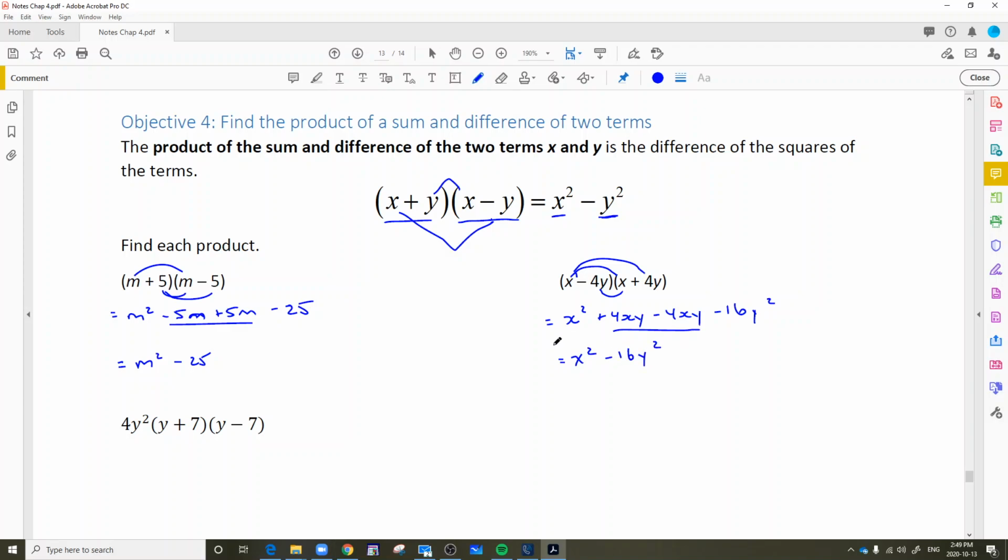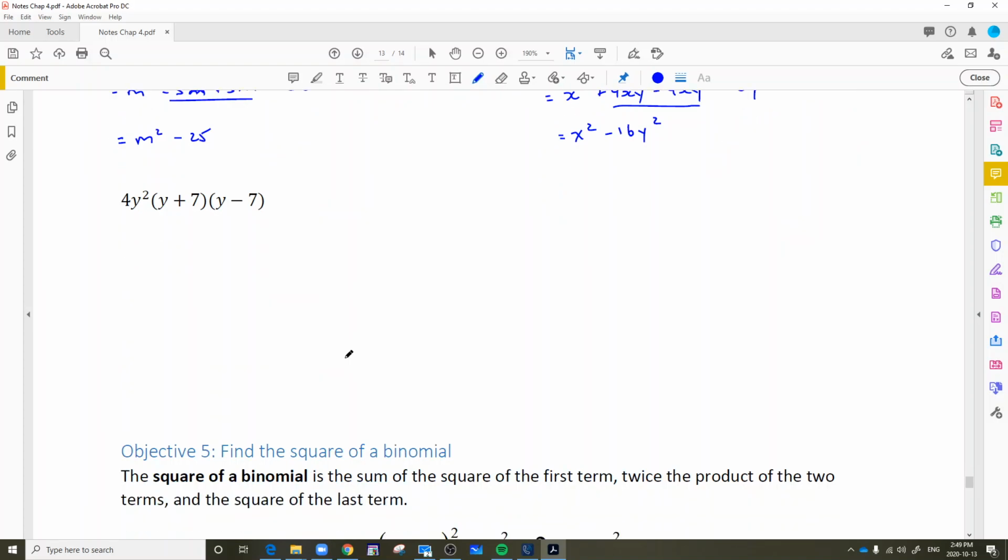The reason that you kind of want to notice that is it can speed up questions. So for example, again, if you have 3 polynomials multiplying together, we're going to do these two first. So you're going to leave the 4y squared out front. You're going to multiply y plus 7 by y minus 7. If you notice that it's a binomial with opposite signs, you can go right to y squared minus 49.